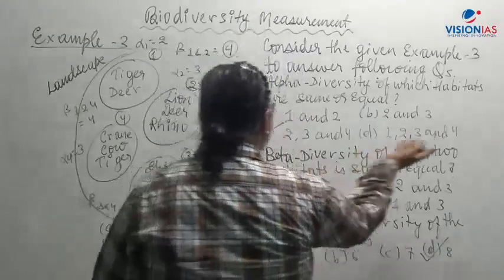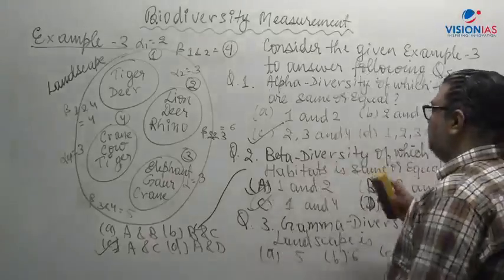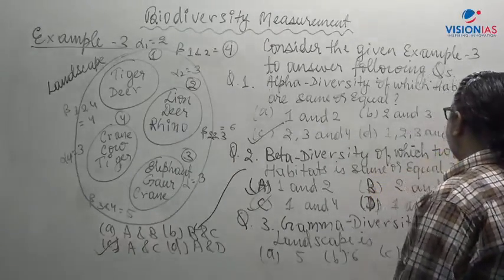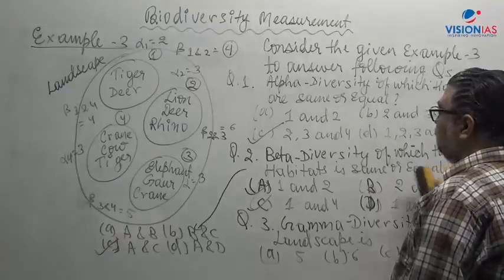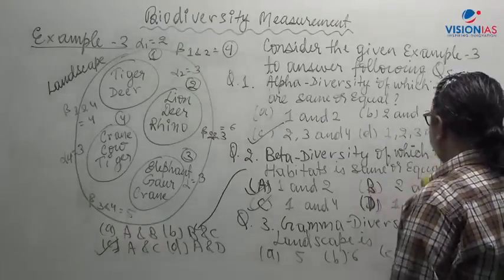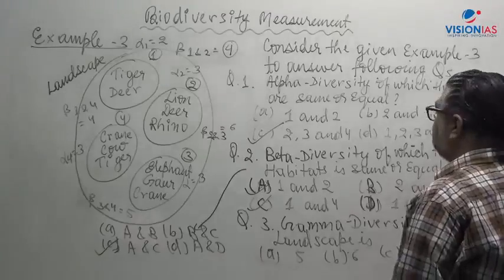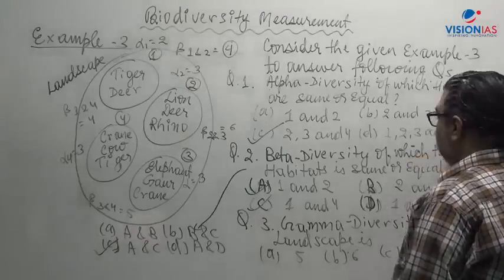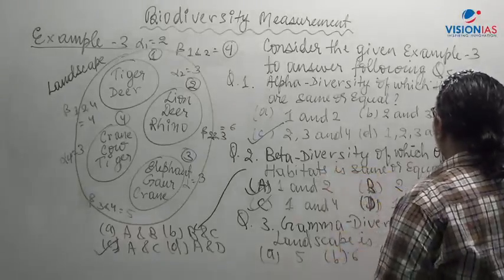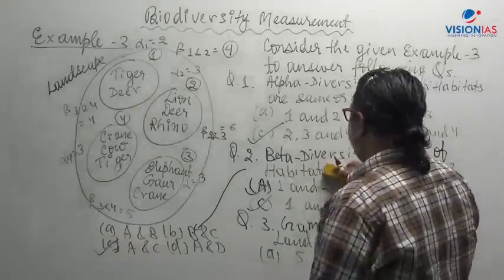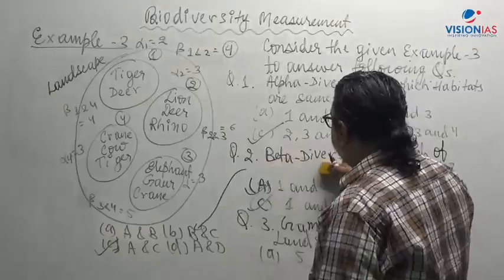You want to change the question language. All right, I'll do one thing here. Beta diversity of which of following is same. You want me to change the language, I'll change it. If you are confused with the habitat, I'll change the language.